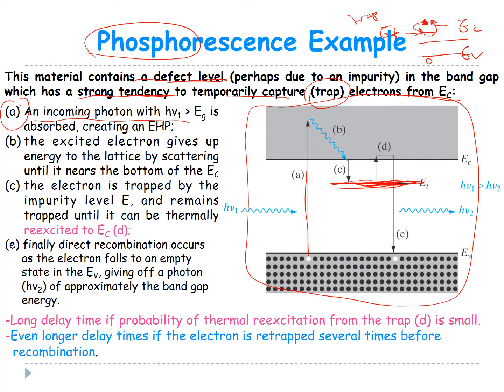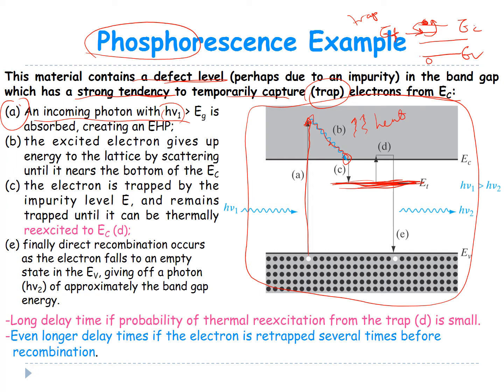Because h mu is larger than Eg, the electron is excited high up into the conduction band, and then the electron gives up energy to the lattice by scattering until it nears the bottom of the conduction band. The energy here is lost as heat.